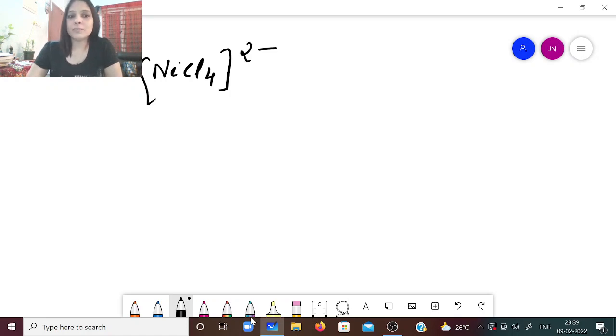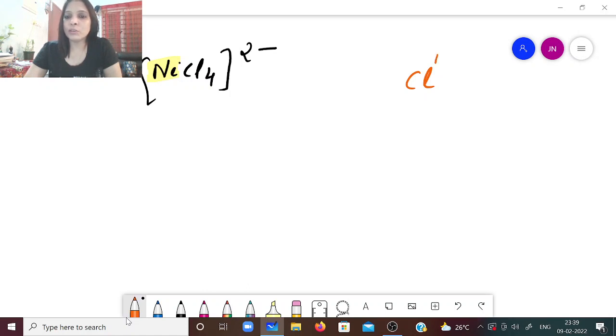So the first step is to find out the central metal atom. Nickel is the central metal atom. And we will find out the oxidation number of nickel. So how to find out the oxidation number? Once again, I am reminding you. We know that chlorine comes in the halogen group, so chloride's valency will be 1.